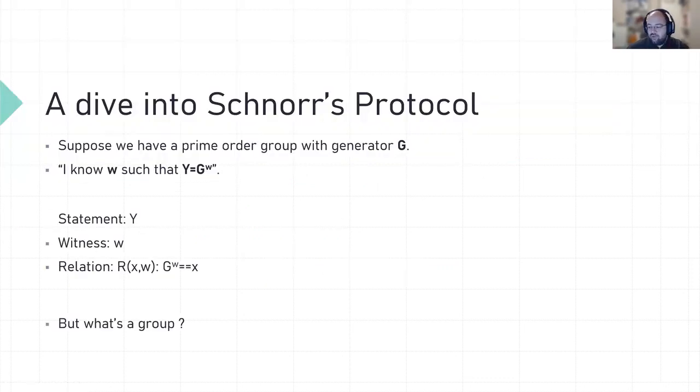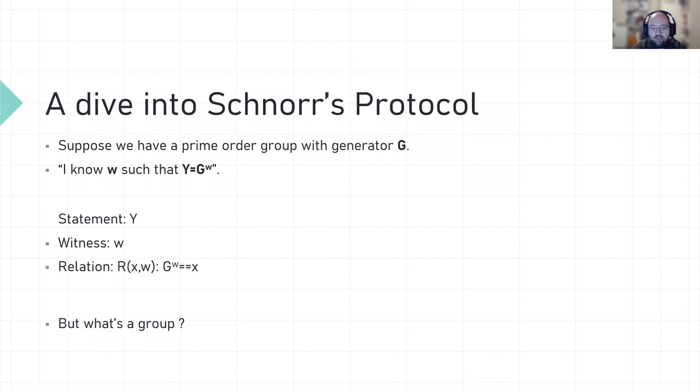Right, so getting back into our theory mindset, we have the Schnorr Protocol, and here, suppose, and these concepts might be foreign to you, we'll do a very quick introduction right afterwards.